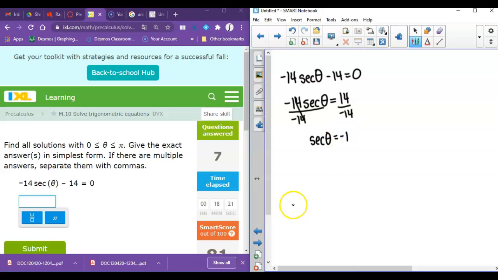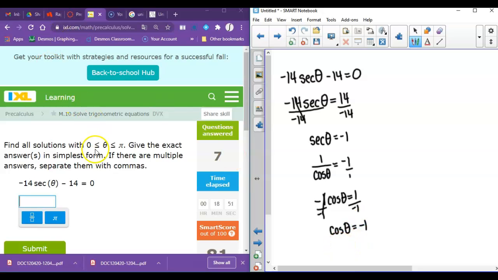Once again, we don't know how to find secant of theta, so I'm going to change this to 1 over cosine of theta equals negative 1. I can multiply by cosine of theta and get negative 1 cosine of theta equals 1. If I divide off that negative 1, I've just got cosine of theta equals negative 1.